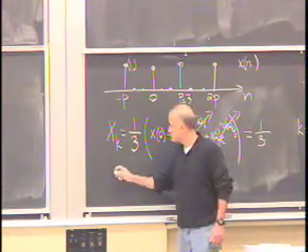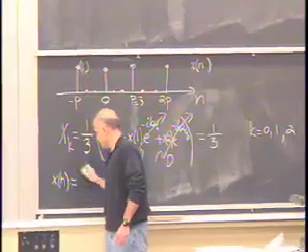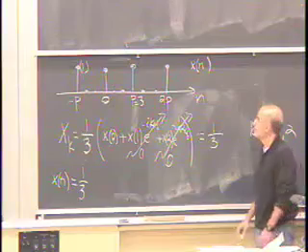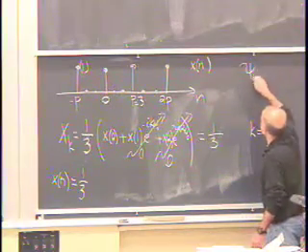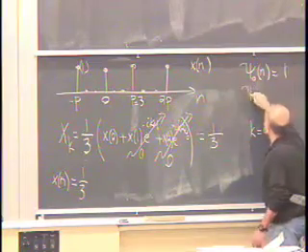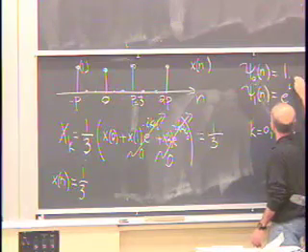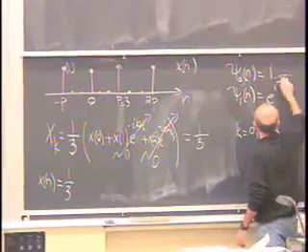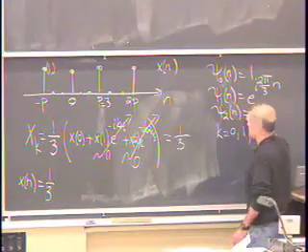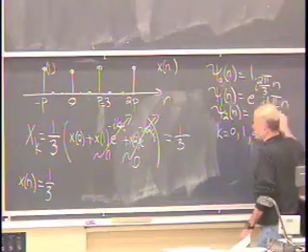And there you have it. This signal can be represented as 1/3 of what? What's C0? 1. C1, e to the i 2 pi over 3 n, and C2, e to the i 4 pi over 3 n.